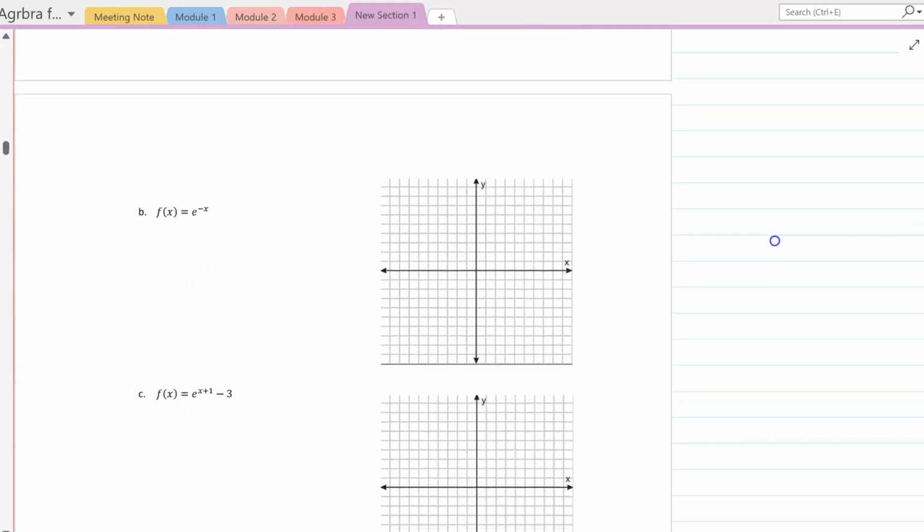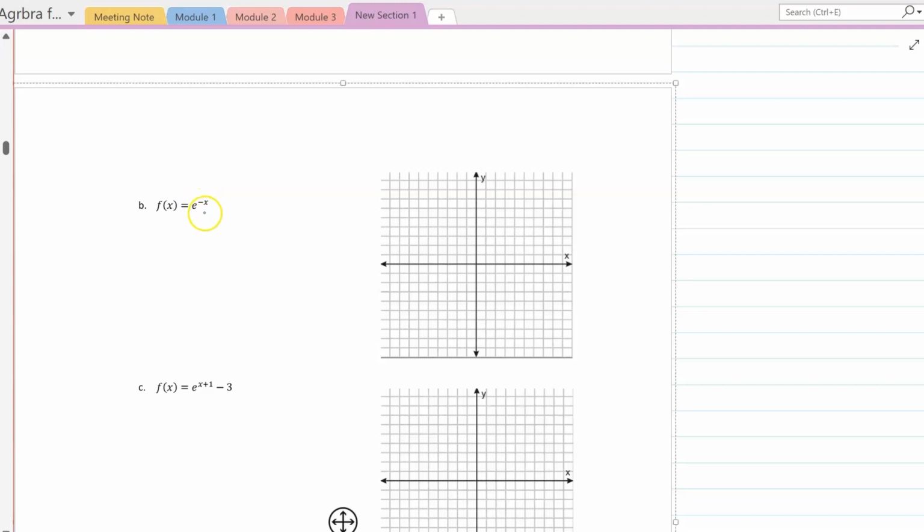So the graph of e^(-x). Recall the negative exponent: a^(-x) is the same as saying a^(-1·x), right?